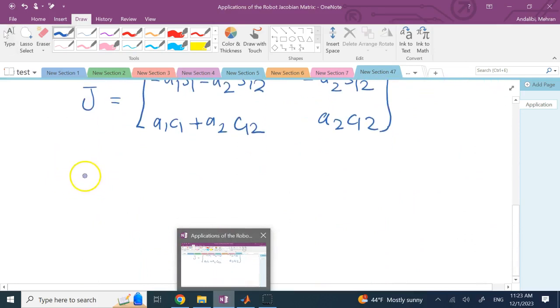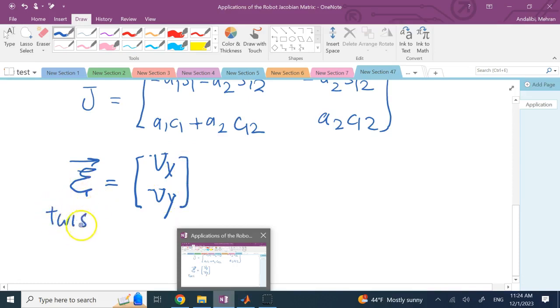So in general, for the end effector velocities, we use this vector xi, and this involves all of the velocities of the end effector, including vx, vy, vz, and omega x, omega y, omega z. Now in this case, we only have vx and vy components, right? And again, this guy, we call it the twist vector. And in this case, it's 2.5 and 1.6.